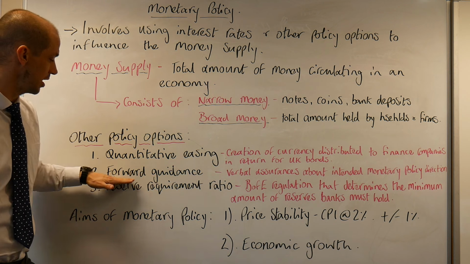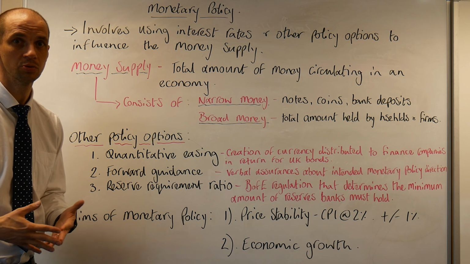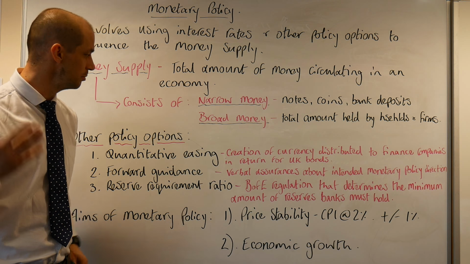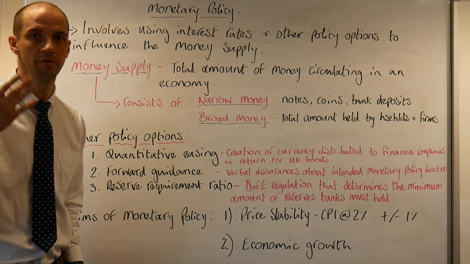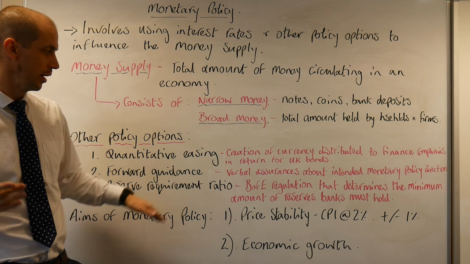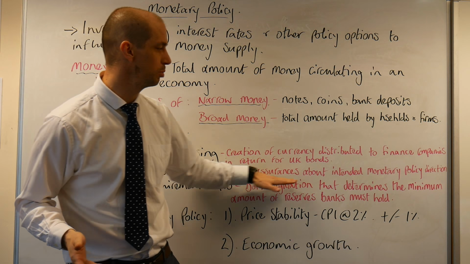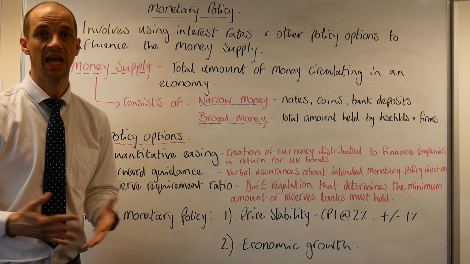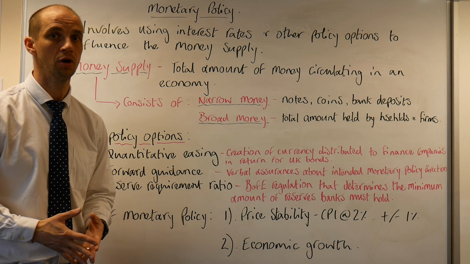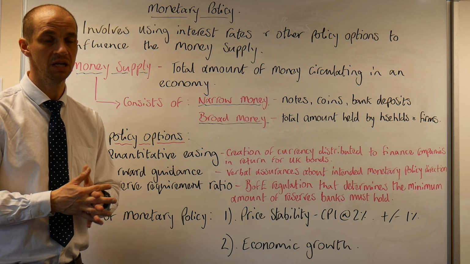Then we've got this notion of forward guidance, which has really been something that's been talked about under the governorship of Mark Carney at the Bank of England, and it's about these verbal assurances about the intended direction of monetary policy for the UK economy.